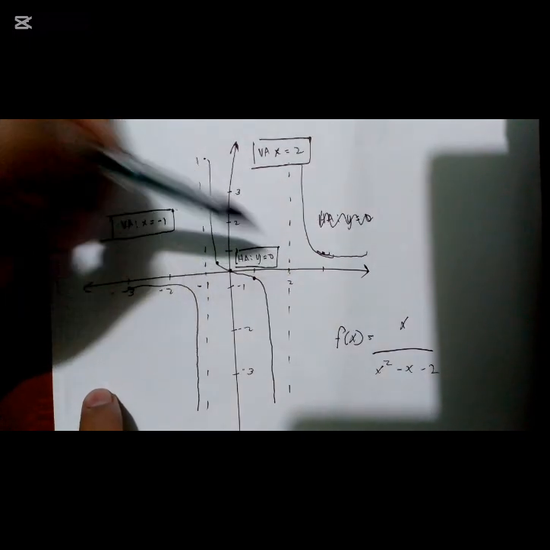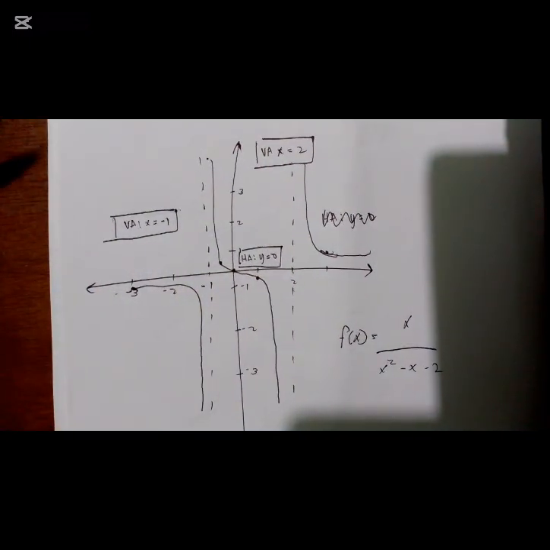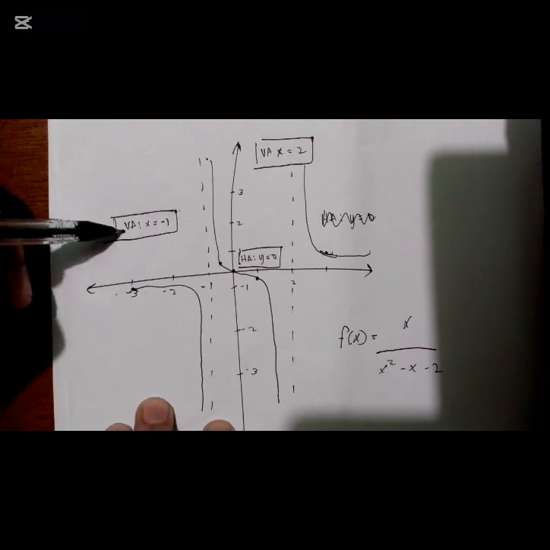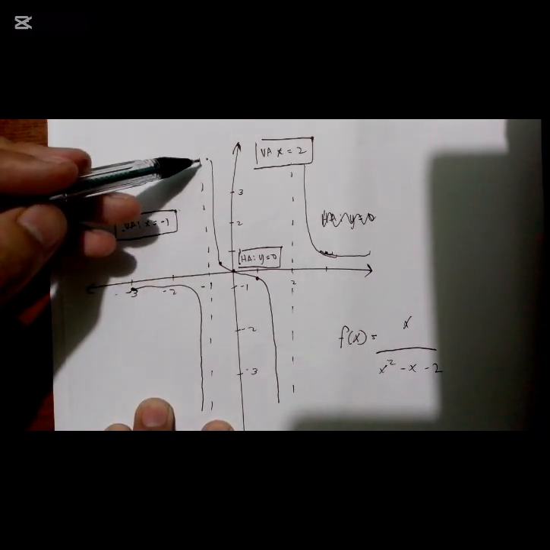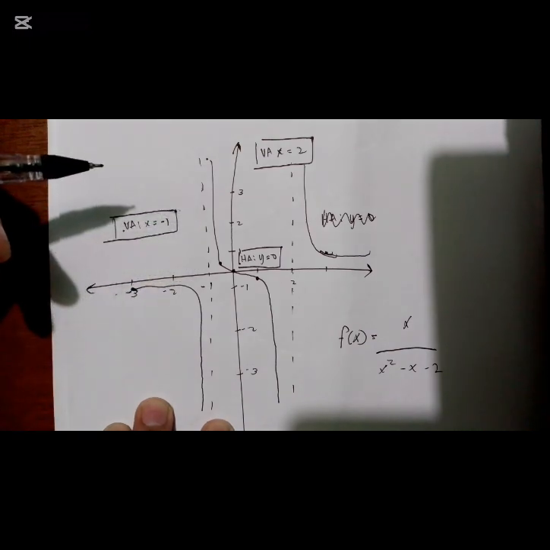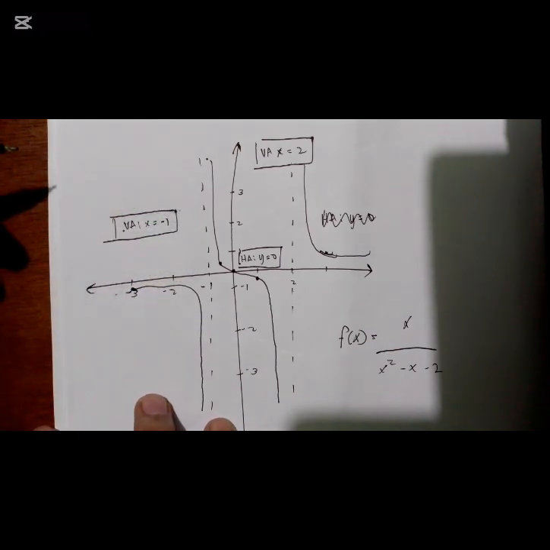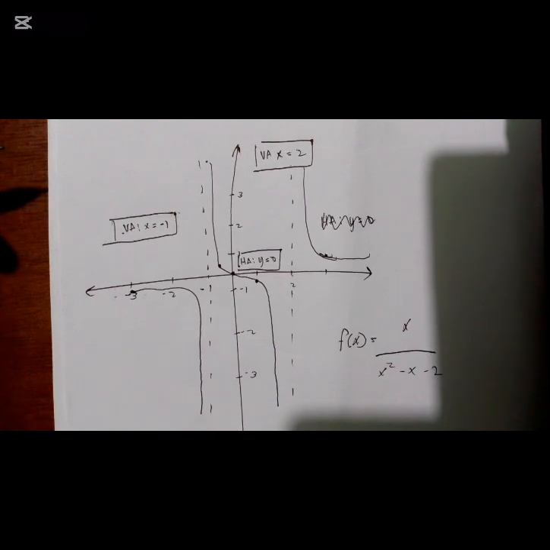You put broken lines on the vertical asymptote, and the second vertical asymptote is x equals negative 1. The purpose of the asymptotes is to be a guide for your graph on the table of values.